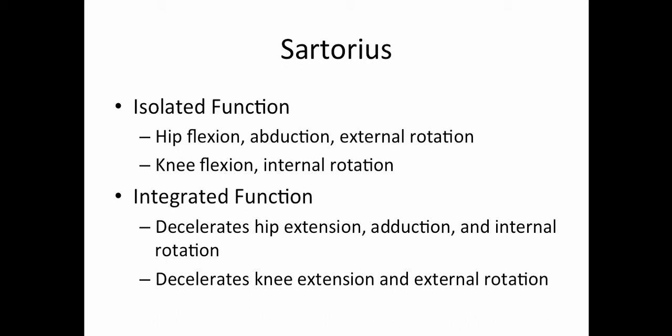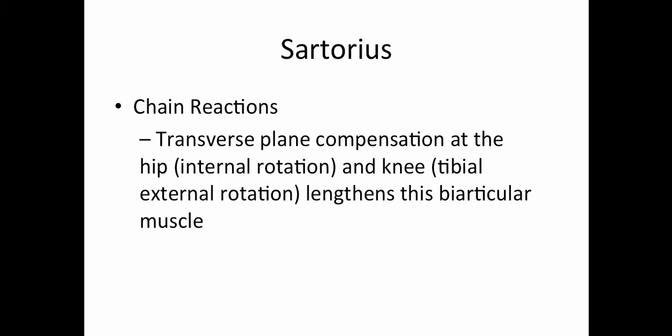The integrated function is that it decelerates hip extension, adduction, and internal rotation, and it decelerates knee extension and external rotation. The sartorius has a chain reaction. Transverse plane compensation at the hip, or internal rotation, and knee, tibial external rotation, lengthen this muscle.